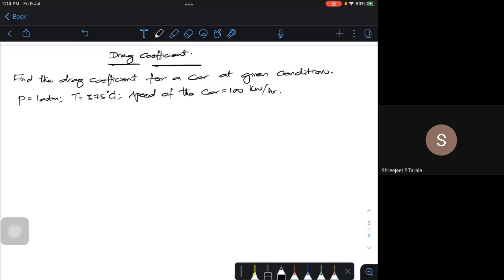I'm trying to give it atmospheric pressure and the speed a little bit on the higher side. So speed is actually, no, 70. Speed is not 375. Sorry, it's not 70, it's 70 degrees Fahrenheit.